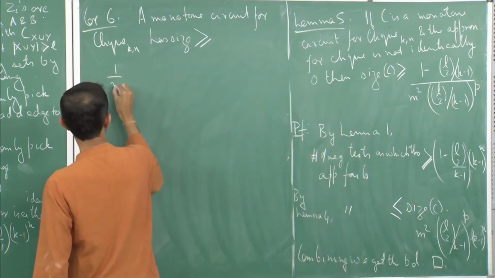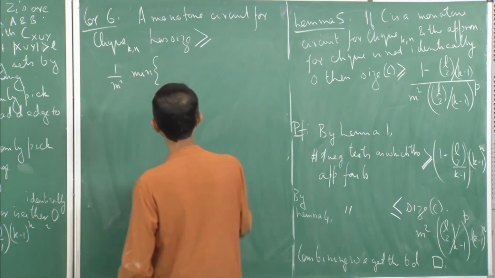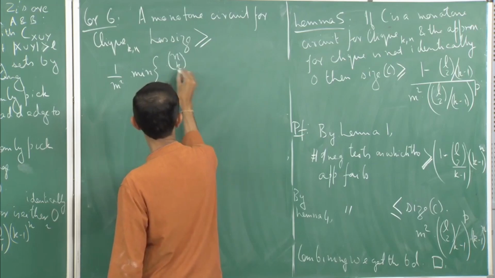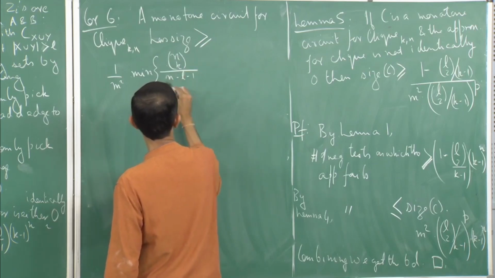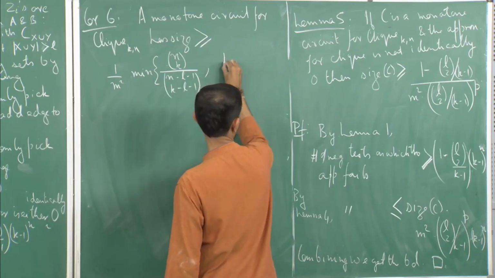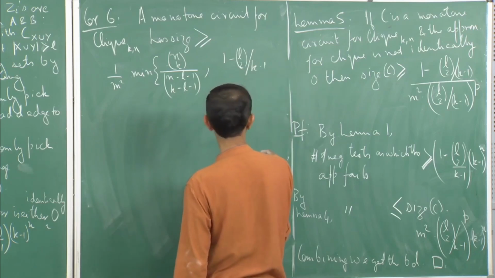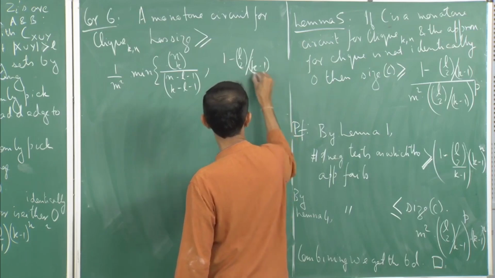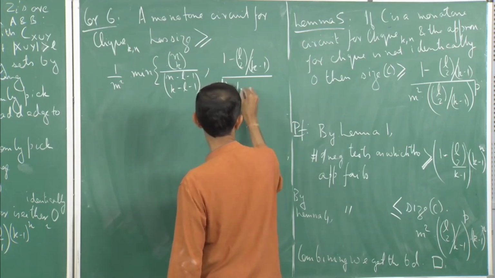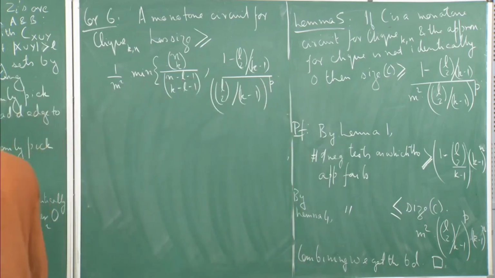So I can write it as 1 over m square times the minimum of, what was it from lemma 3, n choose k by, and here what we have is (1 minus L choose 2 by k minus 1) divided by (L choose 2 by k minus 1) whole raised to the power p.